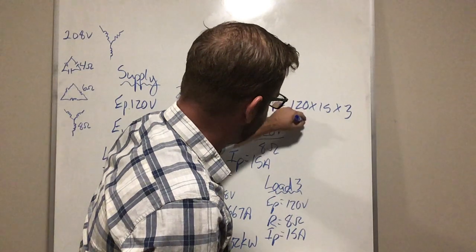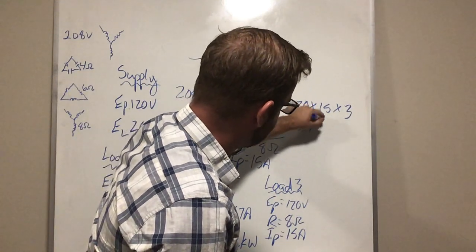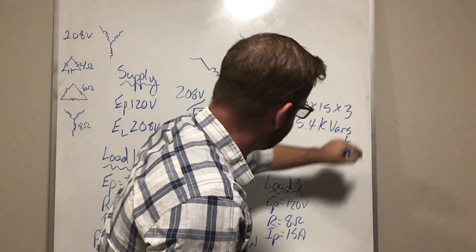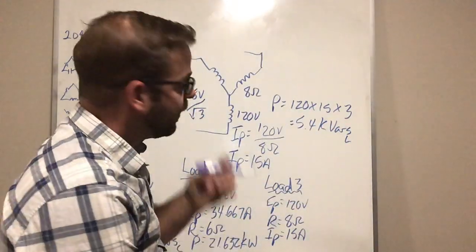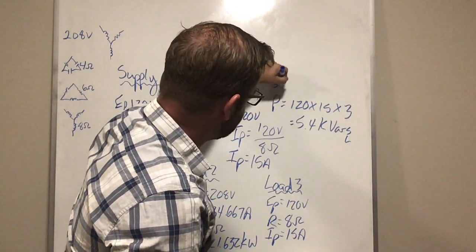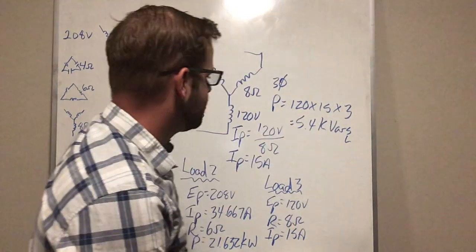So we have 5.4 kVARs inductive for our 3-phase. Remember, these are 3-phase because we're multiplying by 3.